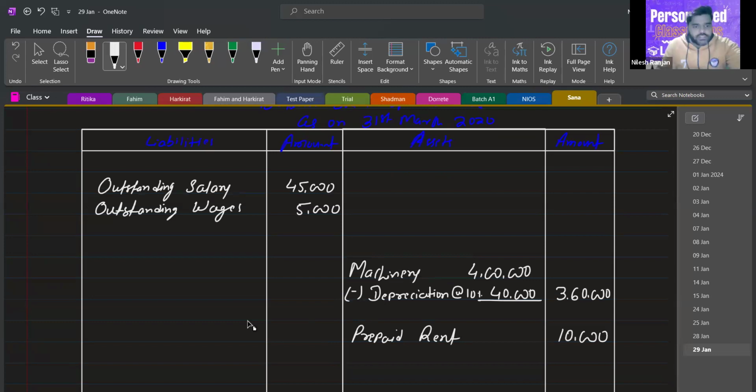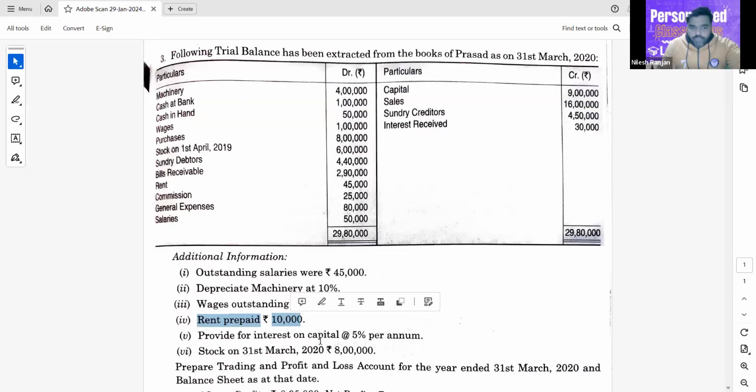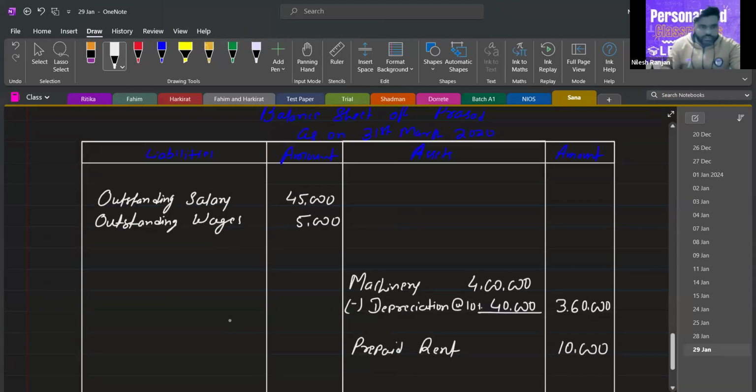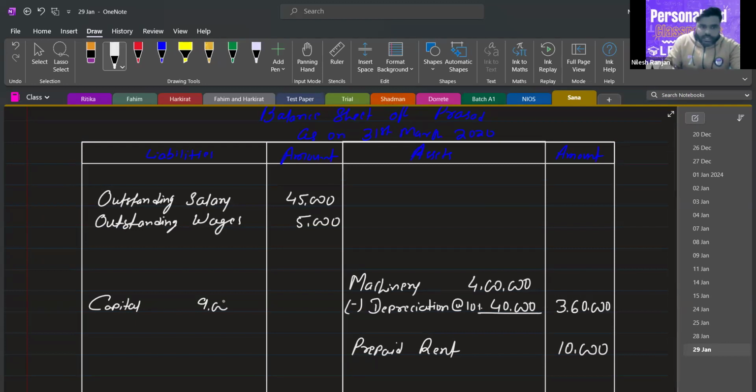Next is provide for interest on capital at the rate 5% per annum. Now capital is 9 lakh and we have to apply interest. So capital is 9 lakh. I told you that we have to add interest on capital here. So interest at the rate 5% is 45,000.